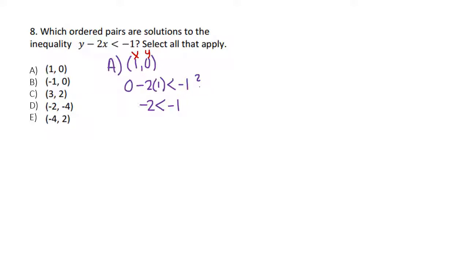If we think on a number line here, we have 0, negative 1, then negative 2. If something is on the left of a number, then it is less than. So negative 2 is to the left of negative 1, so it is less than, meaning this is a true statement. So A works. Now let's look at B here.